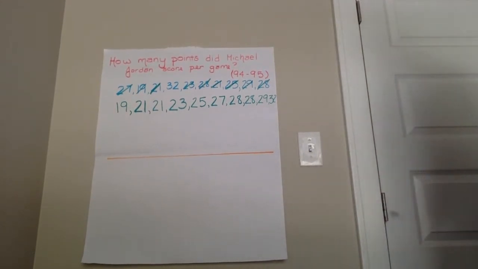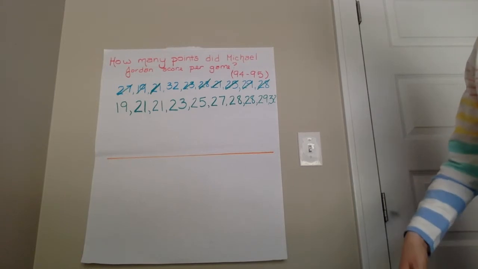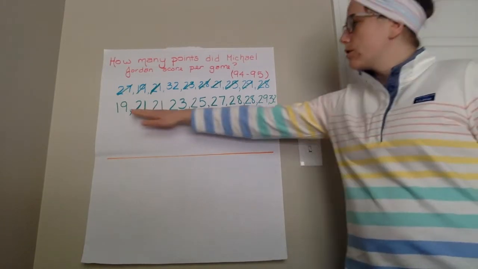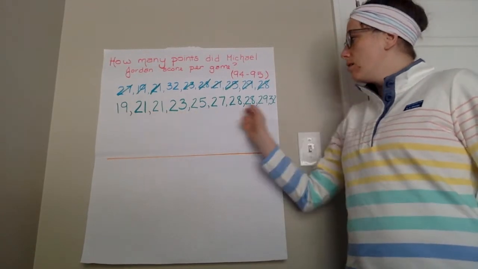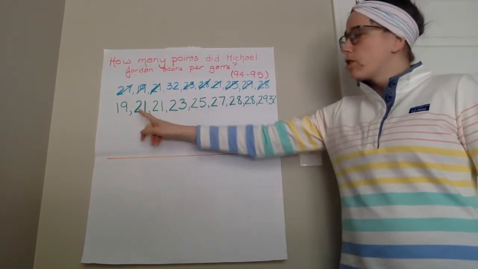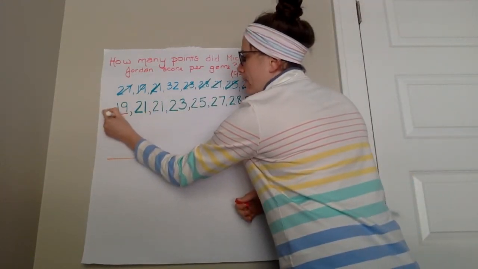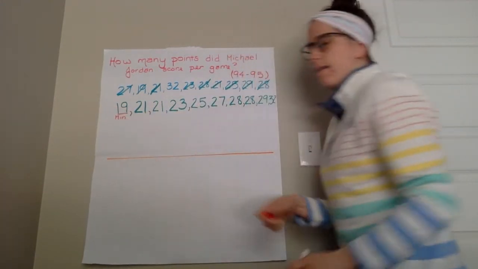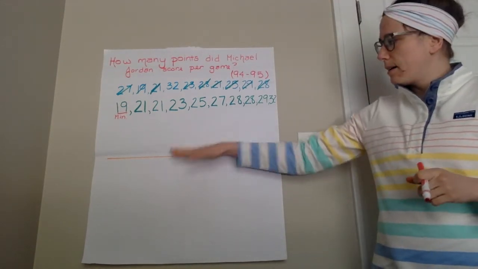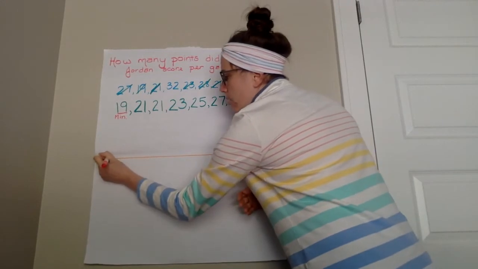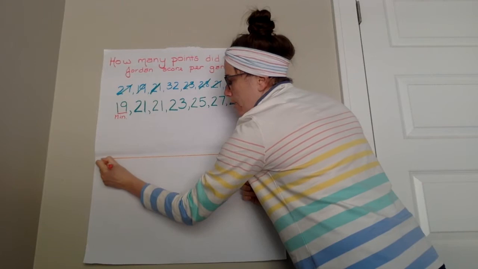The next thing I'm going to do is find my minimum. That means I need to go to my data set where the numbers are written from least to greatest. So my minimum is right here, my 19. That is going to be the first number on my dot plot. I like to put a little tick mark there and put 19.